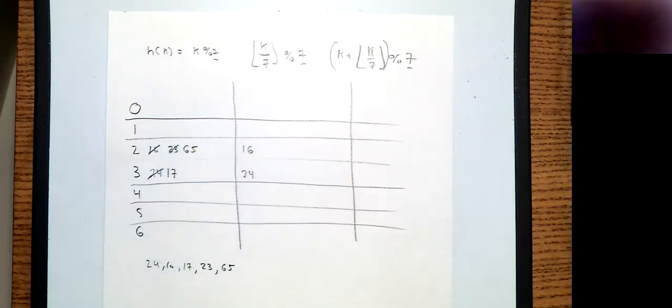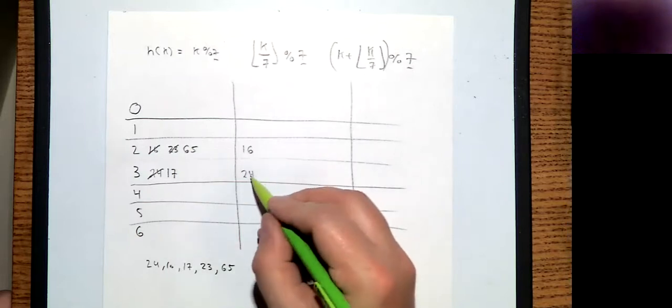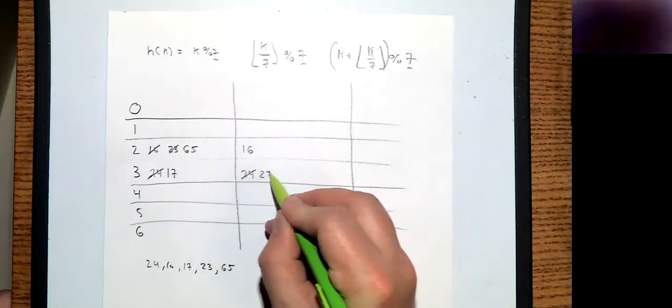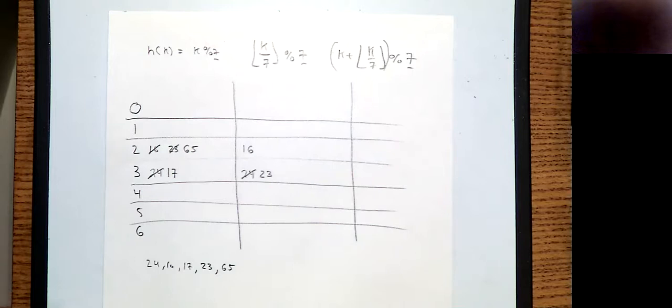Now 23 divided by 7, its quotient is 3, so 3 mod 7 is 3. So now we put in 23 and expel 24. Now we use the third equation. 24 divided by 7's quotient is 3.